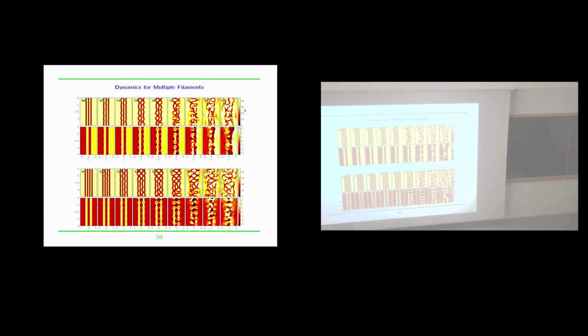They break into something that has the feel, although it needs to be further examined, of this kind of turbulent dynamics. And then with more filaments, you can have more of that, and so on and so forth. And these are motivated by experiments that Brian Anderson has done relatively recently that have motivated this study.